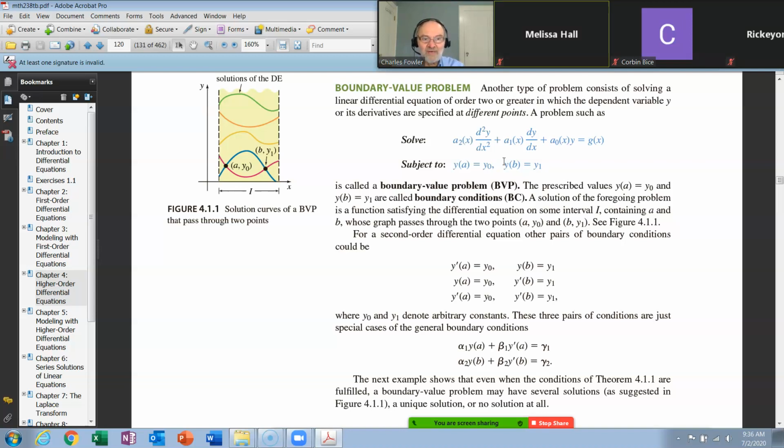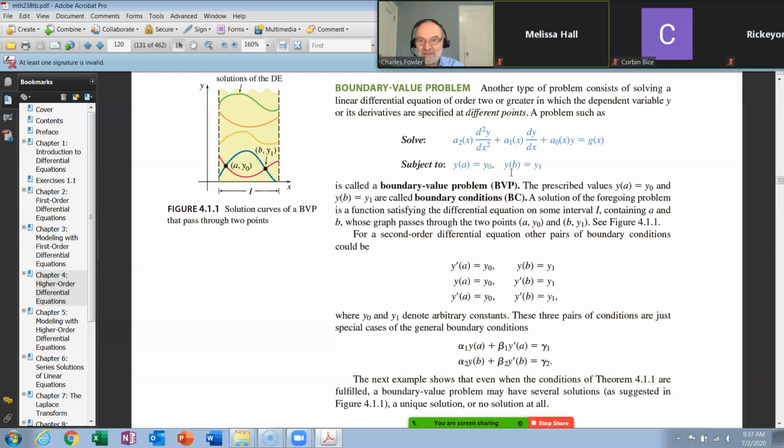A solution of this kind of a problem is a function satisfying the differential equation on some interval I containing a and b. These are the two x values, whose graph passes through those 2 points, a y0 and b y1.